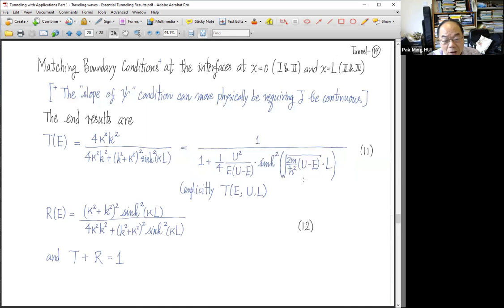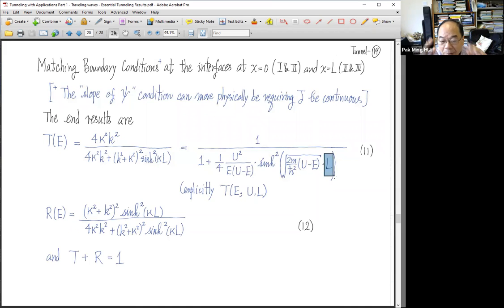So now explicitly, you get the transmission coefficient as a function of several parameters of the problem. The energy of the incident wave, E, which now is assumed to be below the barrier, U, and the barrier is of width L.